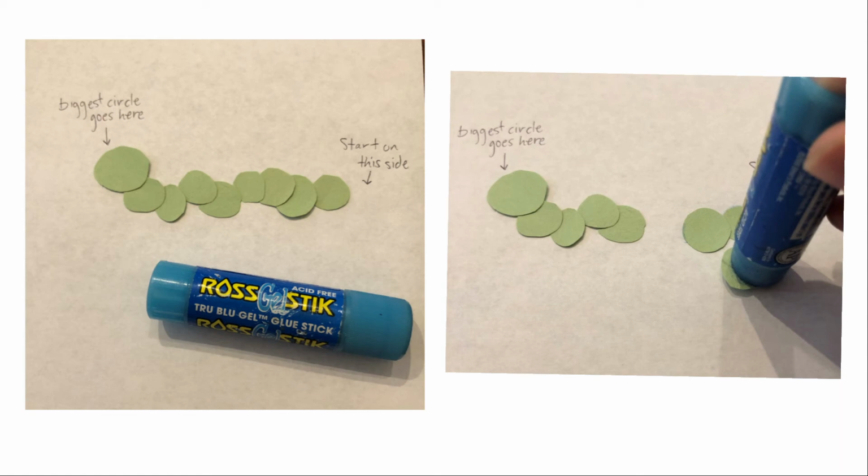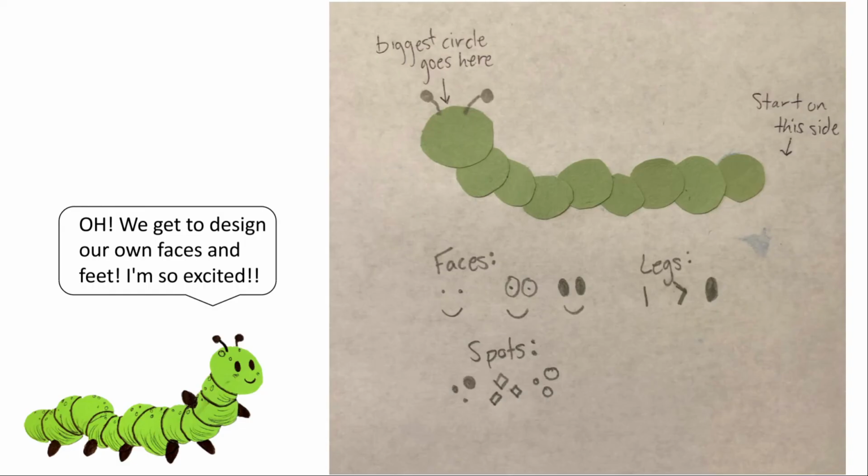Okay, let's see what's our next step. Oh, okay, so we get to decorate and design our own faces and feet. So now that we have everything glued, let's focus on our face right now. Let's go to the biggest circle and we need to draw two antennas. You can have it straight lined or a curved line like what I did.